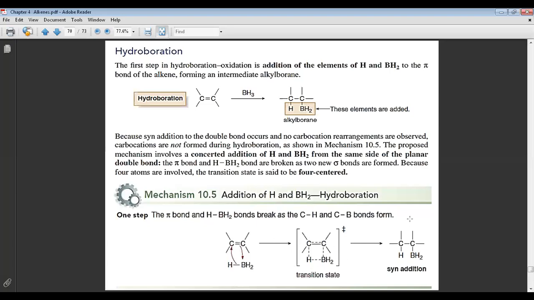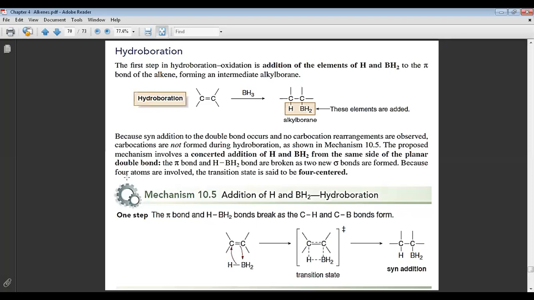To give you a new sigma bond. That means we have a new sigma bond here and a new sigma bond here. This pi bond will be broken and this sigma bond will be broken, and we have two new sigma bonds here.